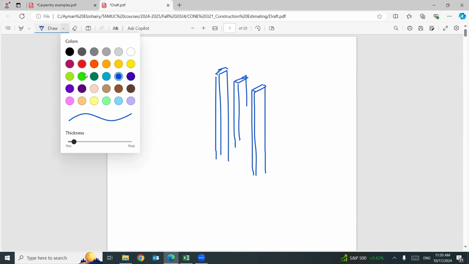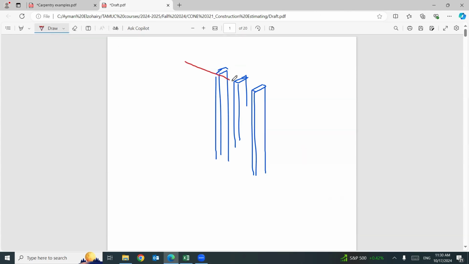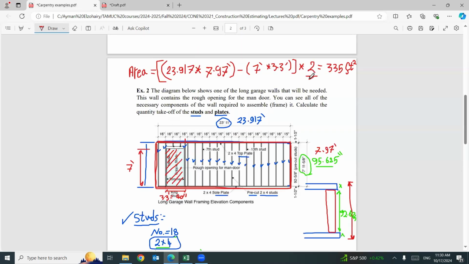When we are covering these studs with plywood, we are going to put a sheet from this side and another sheet from the other side. Does that make sense? So we are sheathing the wall from this side and from the other side. This is the reason why I multiplied by 2.